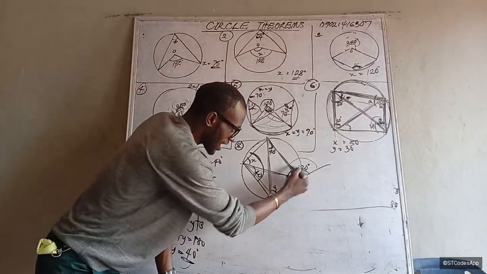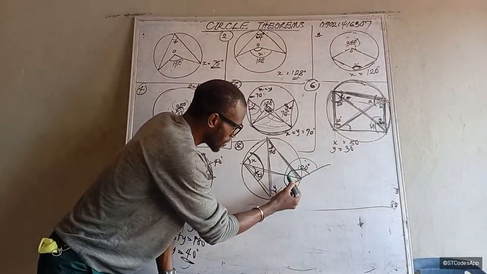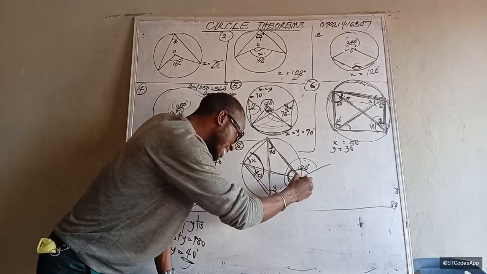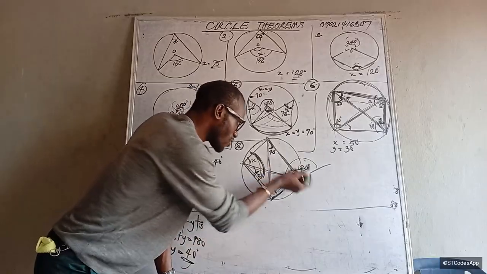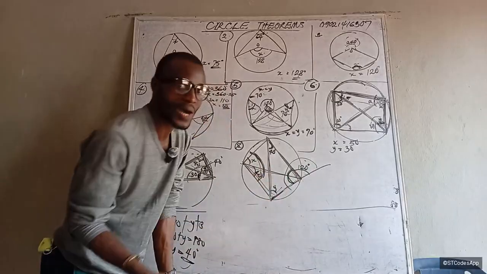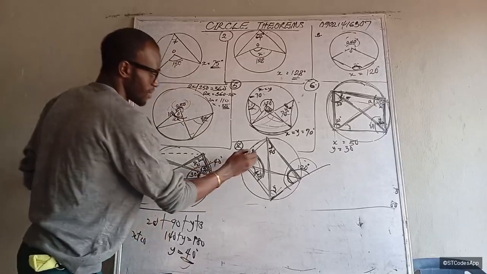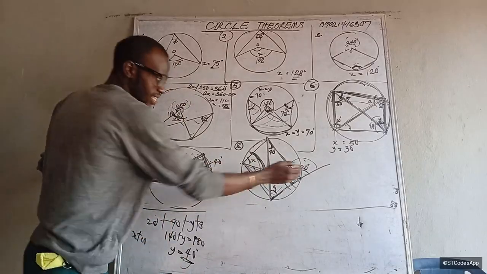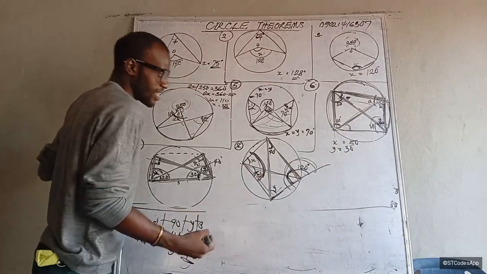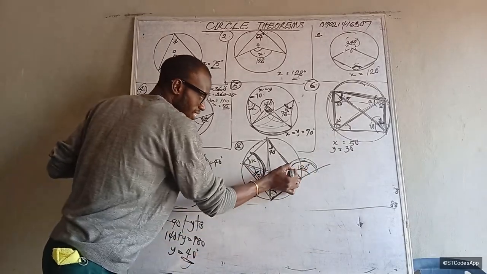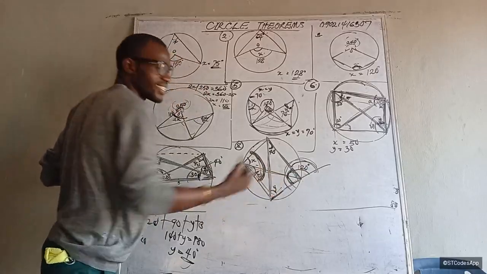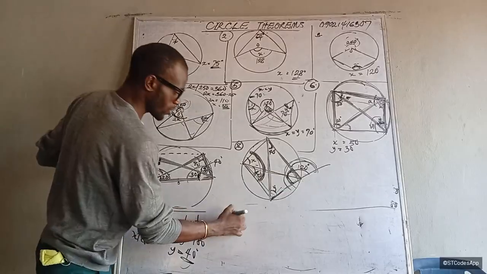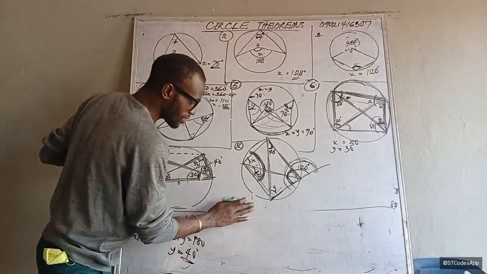If this place adds up to 180, 120 plus this thing adds up to 180, and this thing plus this thing adds up to 180, then it means that this place is 120. Is it clear? So 120 will be this place.